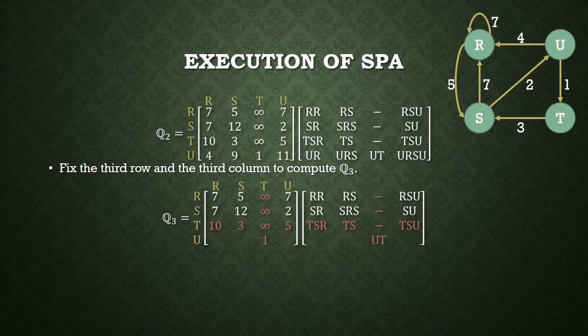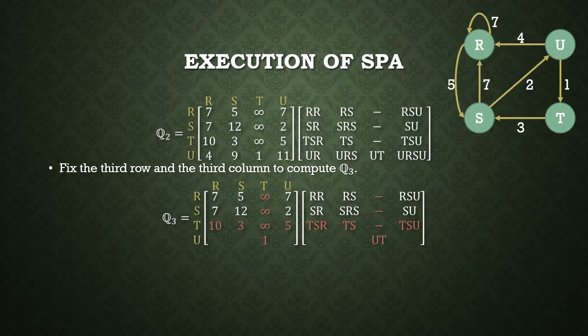Come to the row of S. I am focusing on the entry SR. The previous value is 7. Intersection values are 10 and infinity, which will give infinity. So I keep 7. Come to the entry SS. The previous value is 12.